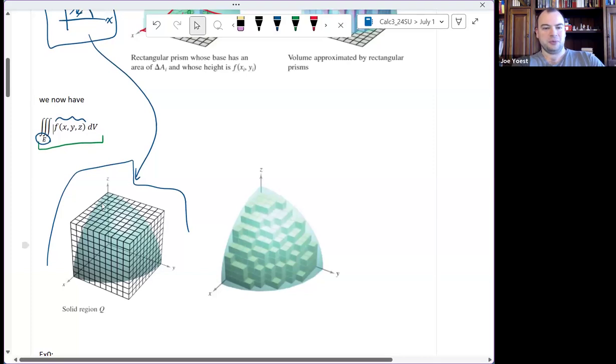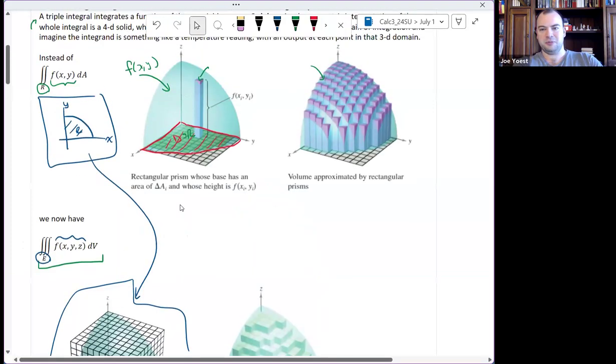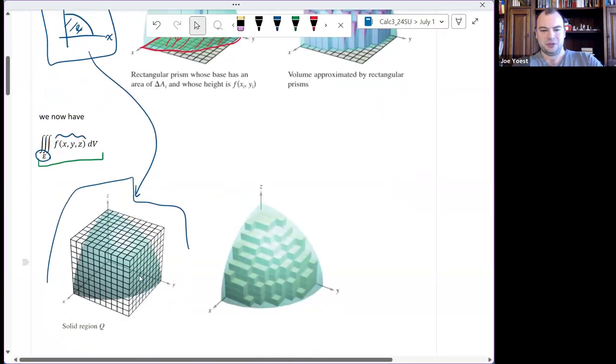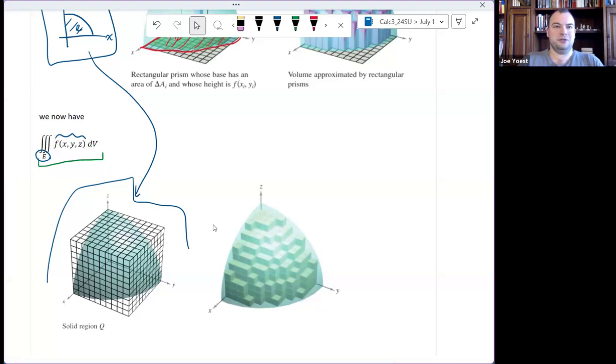And when we imagine breaking up this domain, instead of breaking it up into 2-dimensional rectangles, we break it up into 3-dimensional cubes or cuboids of some sort. Each cube represents a certain amount of the domain, say a dV, a little increment of volume.